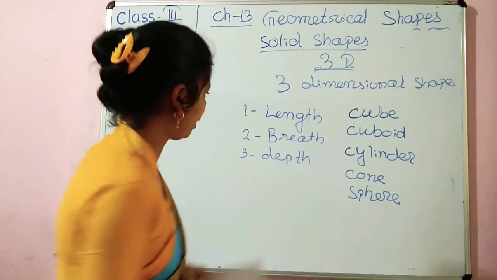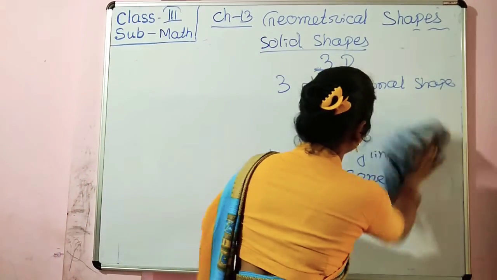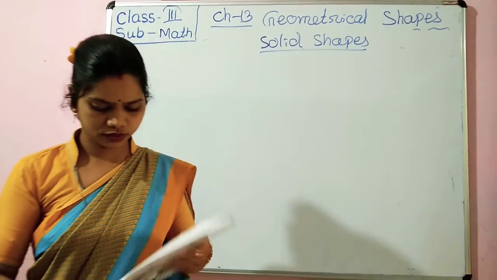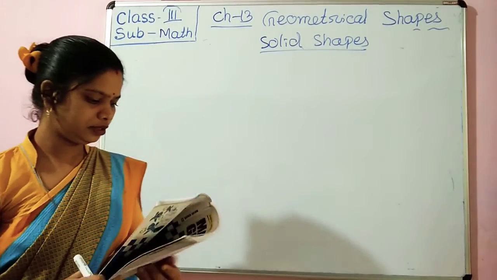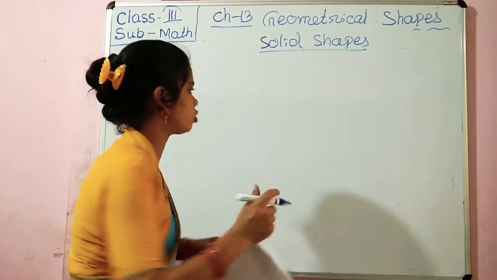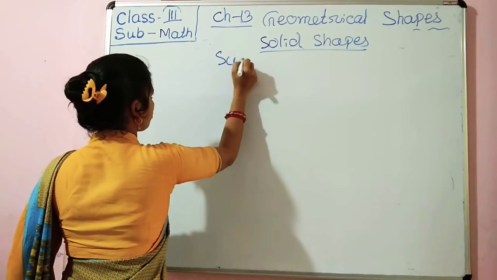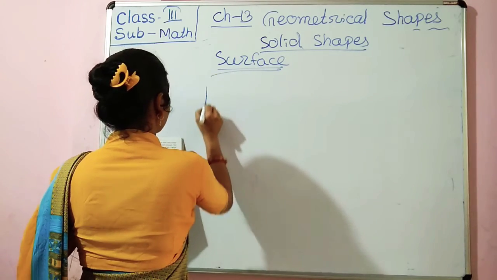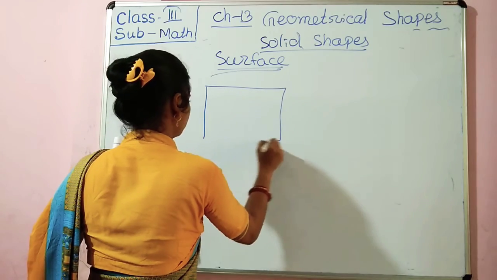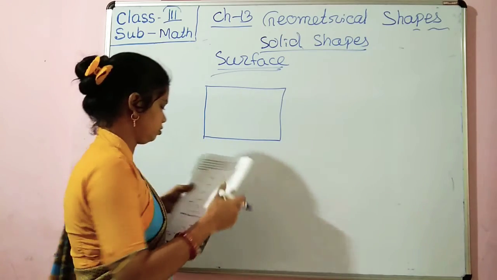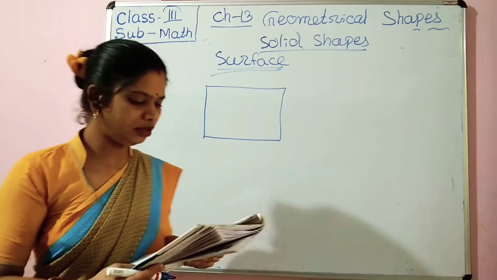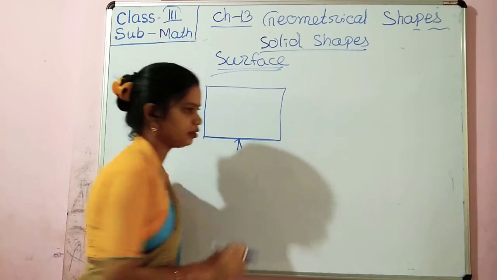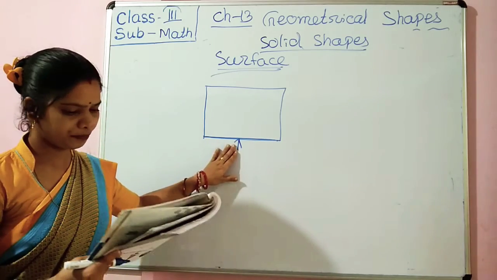First we know one by one. Look, cube. Next we know the surface of the solid shape. Look, first, what is a surface? Here, look, these are the first surface, meaning the plane surface.